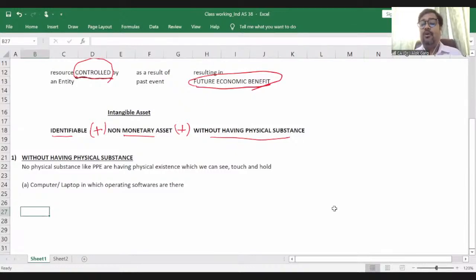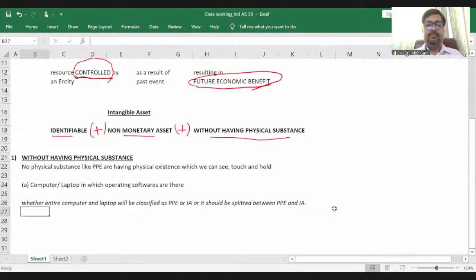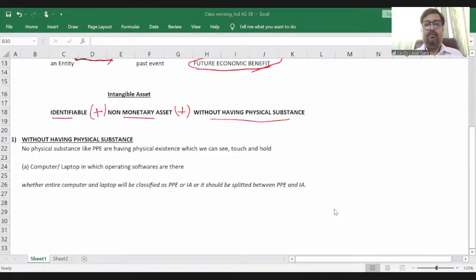Will the entire computer and laptop be classified as PPE or intangible asset, or should it be split between PPE and intangible asset? What is the right answer?